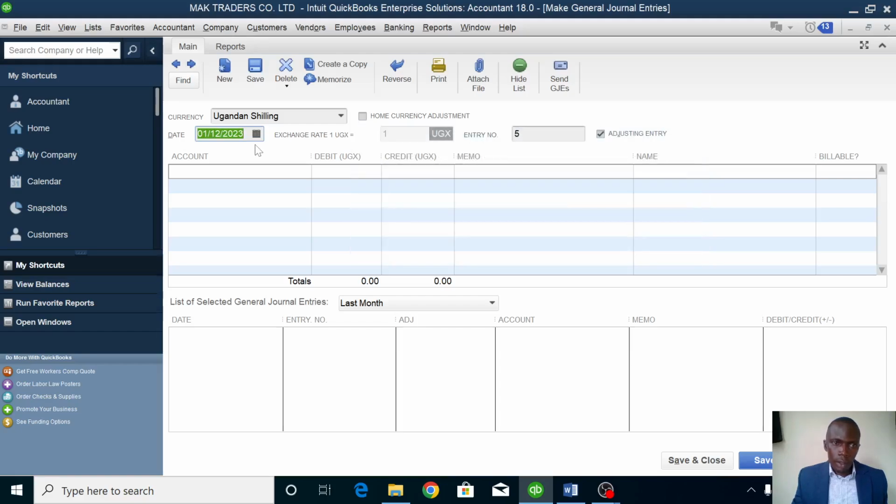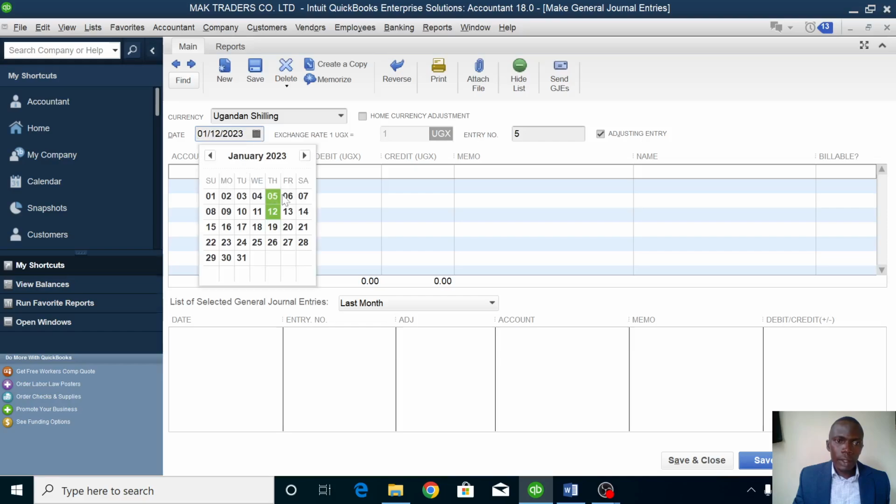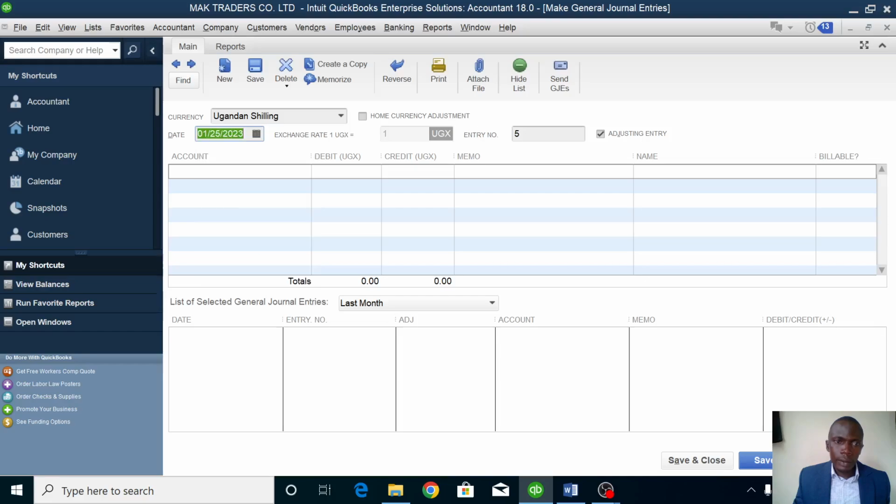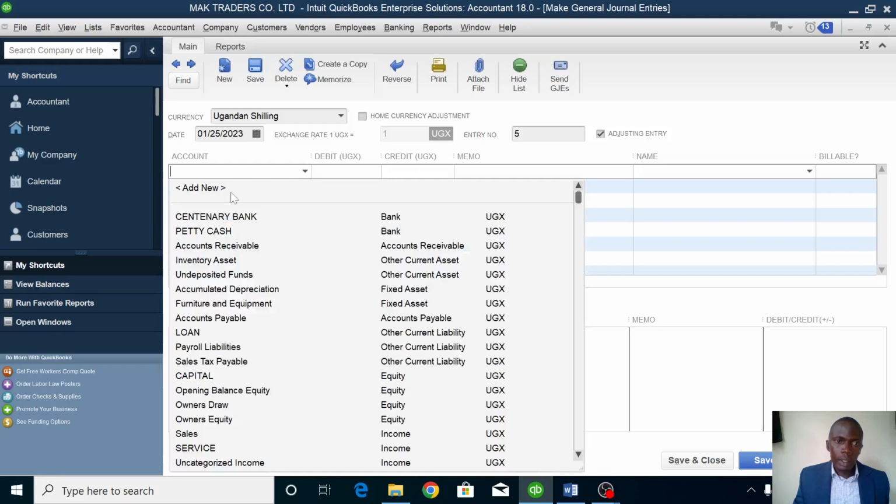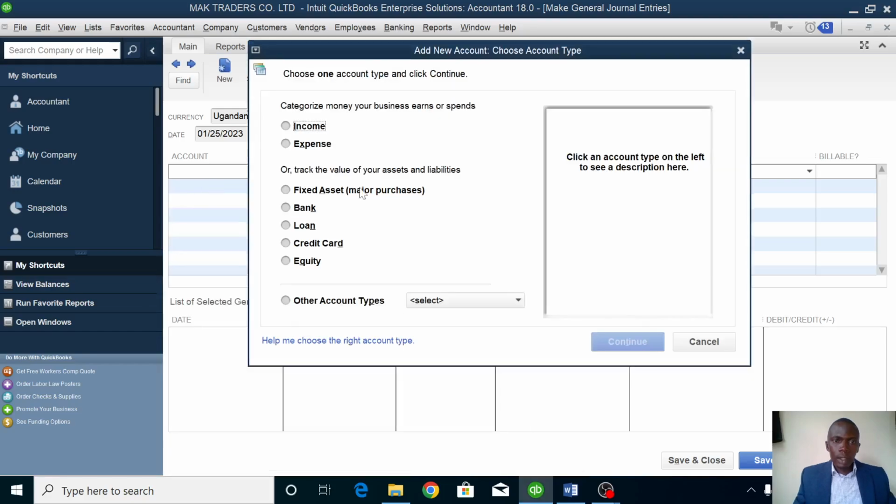It's a journal entry, paid by cash, so it is by cash. The date, we first change the date 25th, so we are going to debit salary, so we are going to create it.